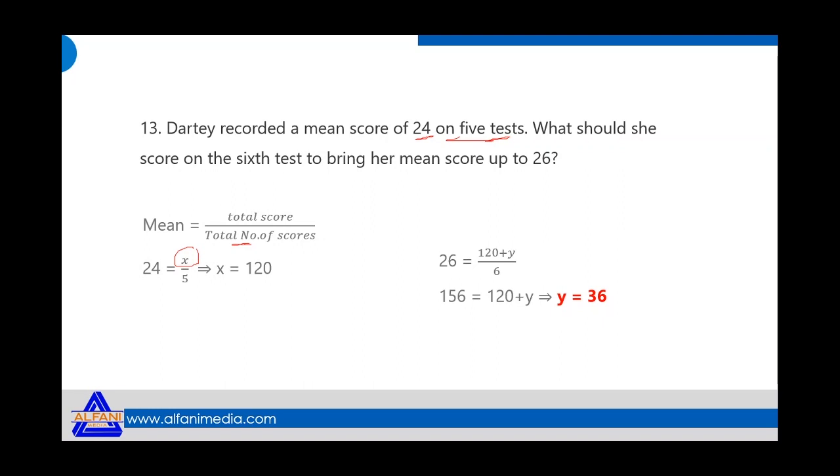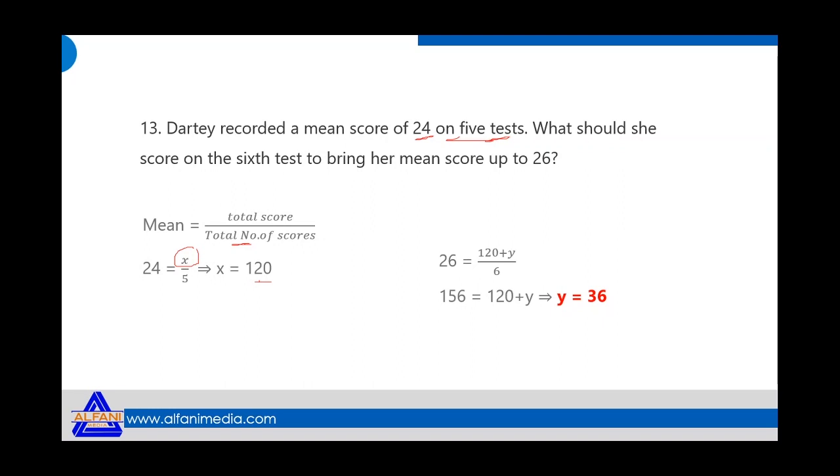Now the second thing: what should she score on the sixth test to bring her mean score up? On the sixth test, my total number of scores is going to be increased to 6, and my total score, which is 120, is also going to be increased by a number.